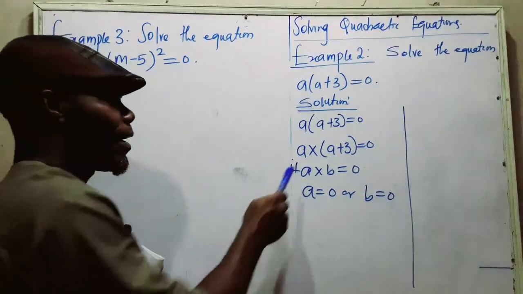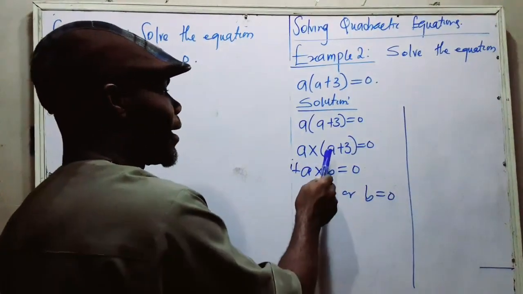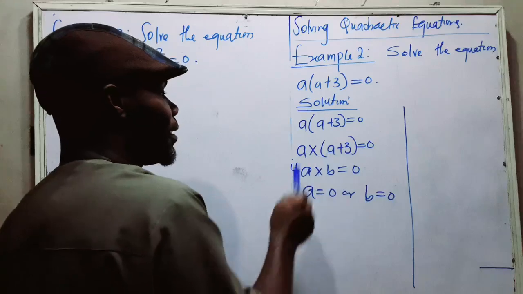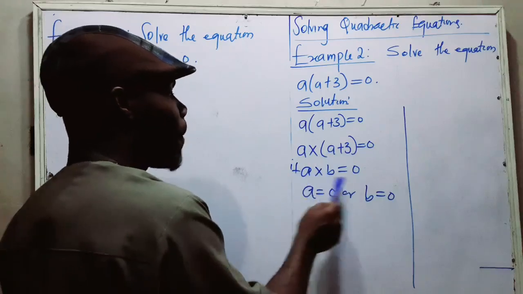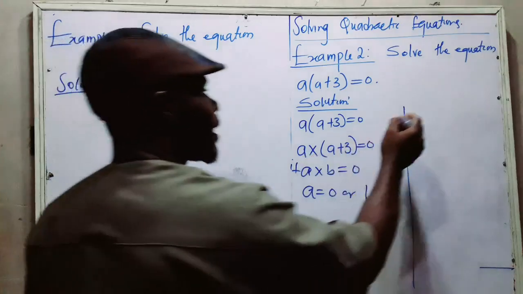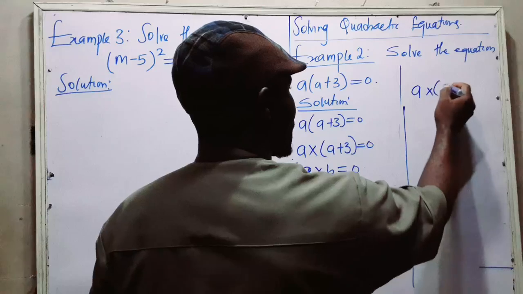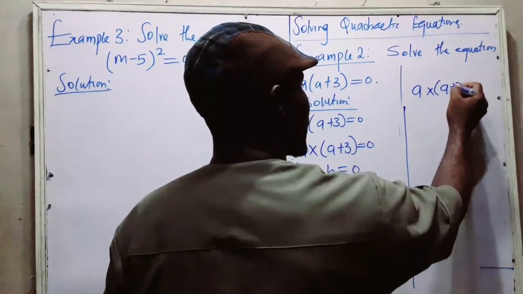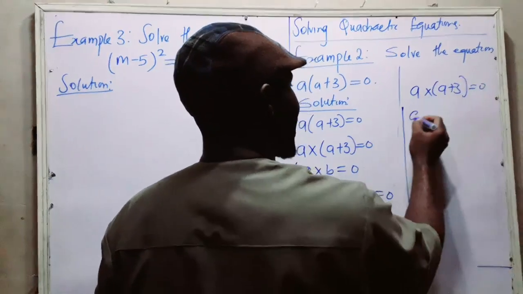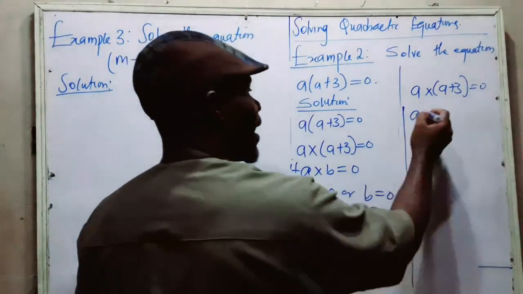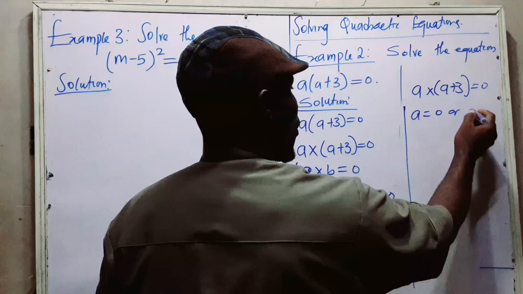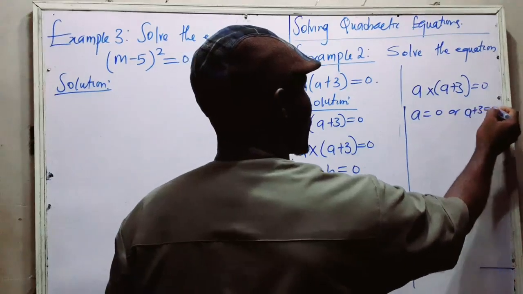Now, if A multiplies A plus 3, then from our equation A times (A plus 3) equal to 0, A is equal to 0 or A plus 3 is equal to 0.